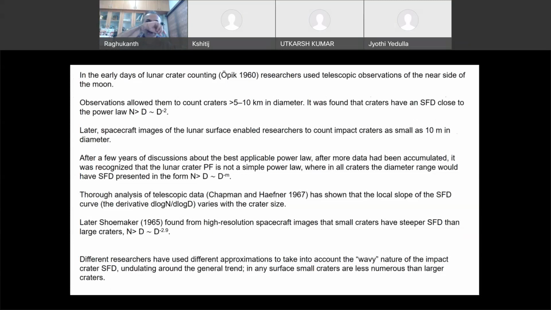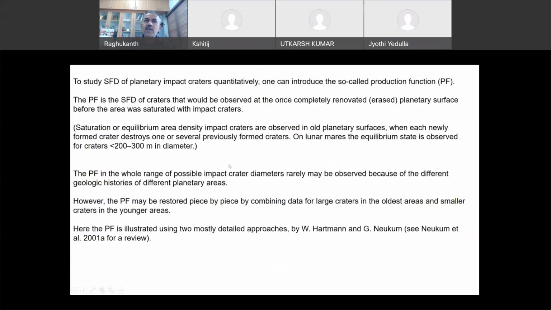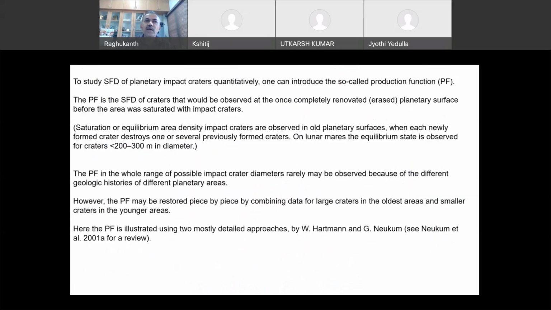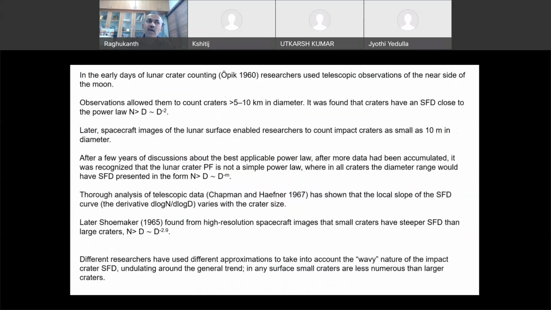Initially a power law was thought of, that you can easily fit a power law, a d to the power of minus b kind of thing, in a logarithmic scale. But slowly, as more data came, people said it is not a simple power law. Something else can fit this type of data.